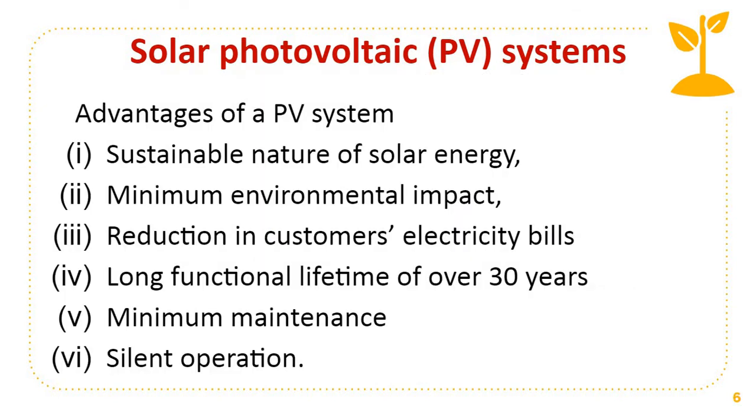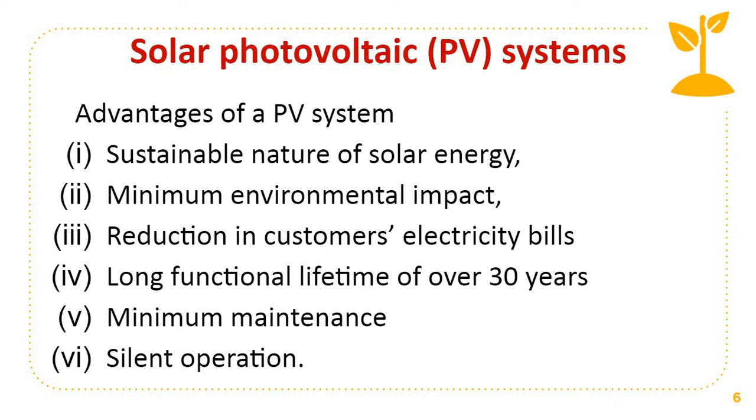The advantages of a PV system are that they do not harm nature, so it's a sustainable source of solar energy. The environmental impact is minimum. The customer can install it in his or her premises, so over a period of time he gets electricity totally free.